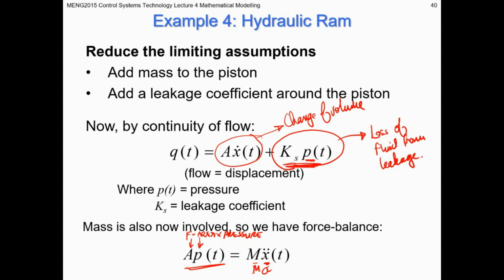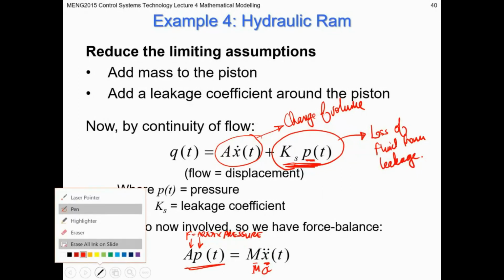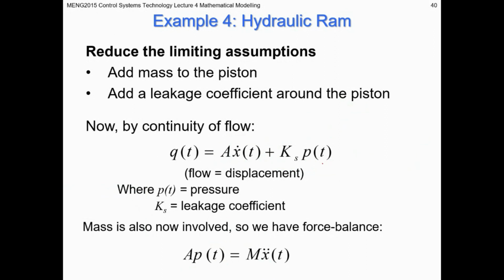Now what you notice with these equations is that you have the variable P in both of them. So P basically links these two equations together, and we can see that P is what I describe as an internal variable.